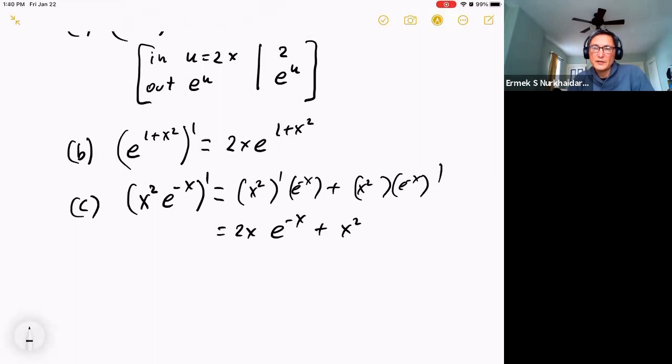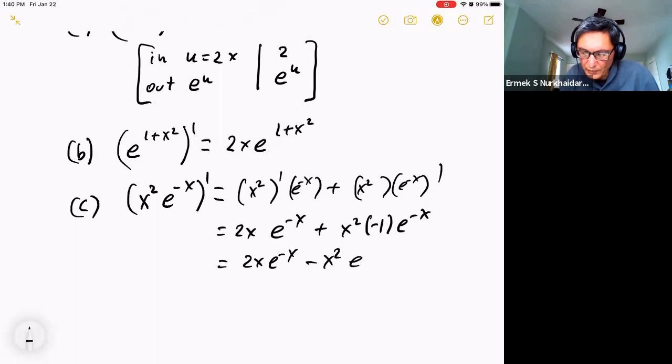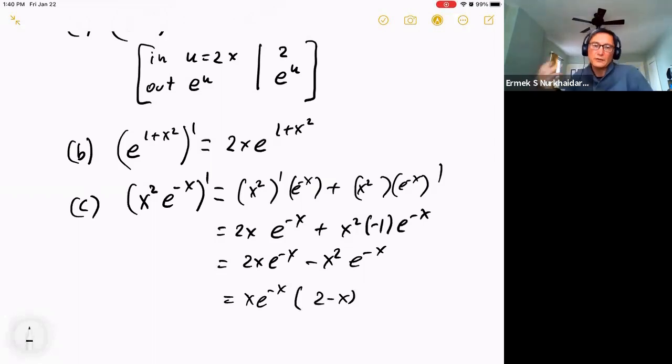Inside function is negative x, so derivative of inside is negative 1 times e to the negative x. Okay. So we get 2x e to the negative x minus x squared e to the negative x. If you like, factor out common x times e to the negative x. I'm not sure if it's going to look a little bit better or not. So I don't know.